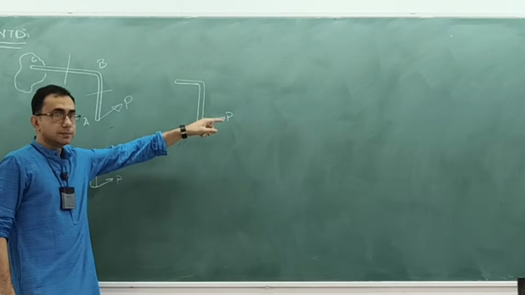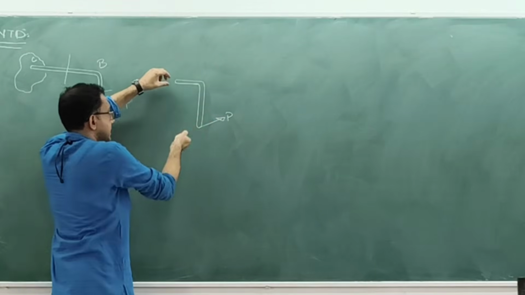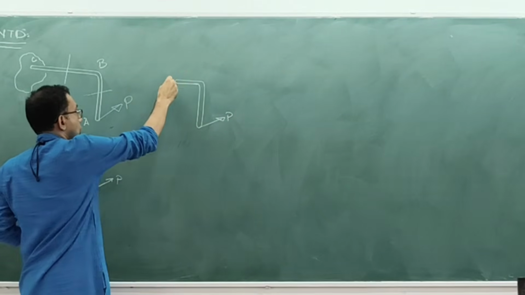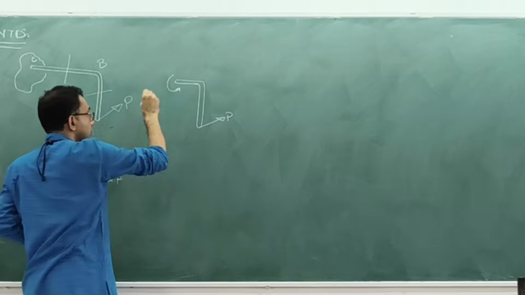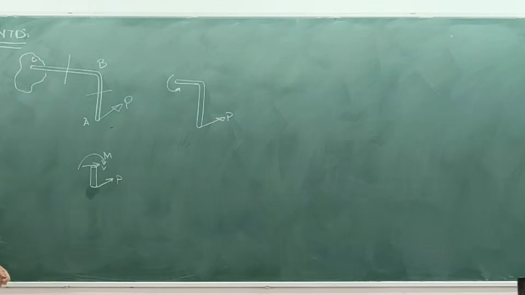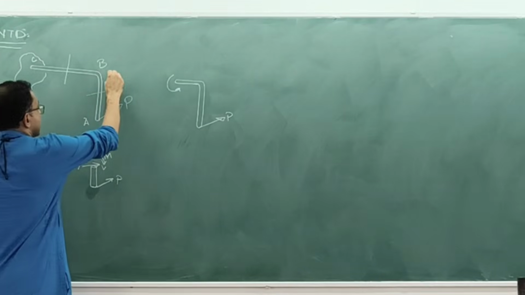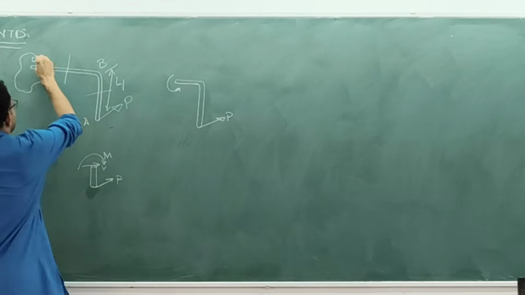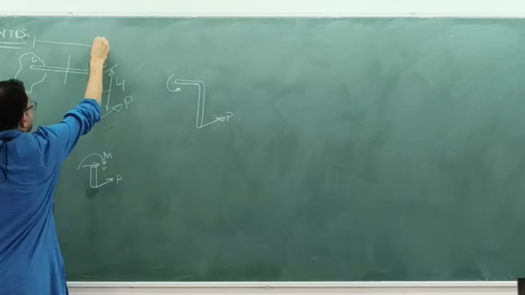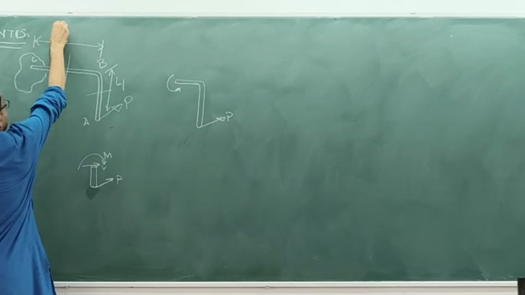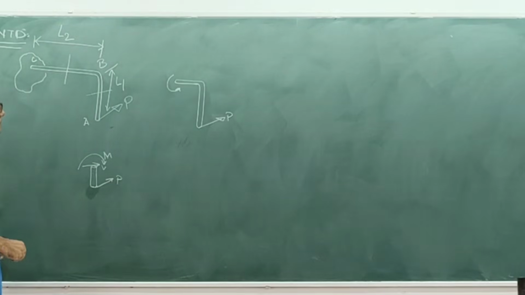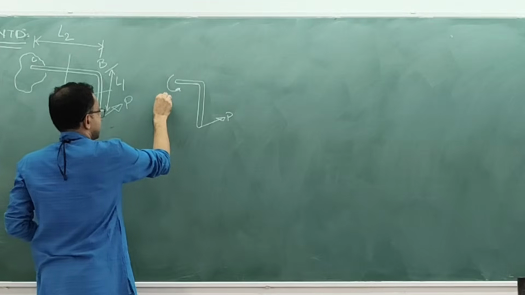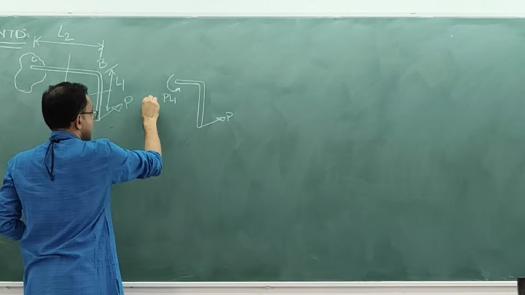There is a torsion. This kind of an angle thing is here. When you pull on that side, it is going to create a torsion. How much will be the value of that torsion? I'll give you the lengths. This length, let's say, is L1, and this length is L2. So this one is how much? P into L1. So this is our torsion.